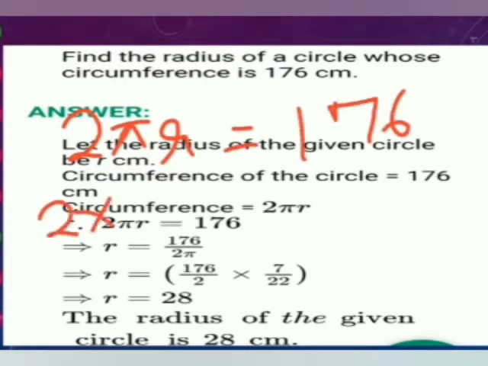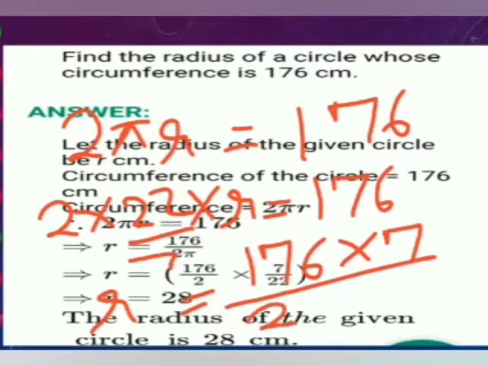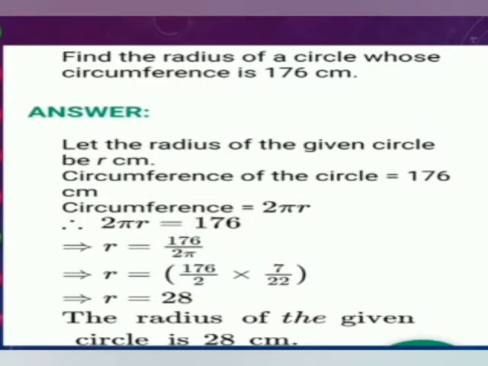The value of π is 22 upon 7, and the radius we have to calculate. Do the cross multiplication as you do in a linear equation. So r equals 176 multiplied by 7 upon 2 multiplied by 22. When you cancel it, you will get the answer equal to 28 centimeters. So the radius of the circle will be equal to 28 centimeters.